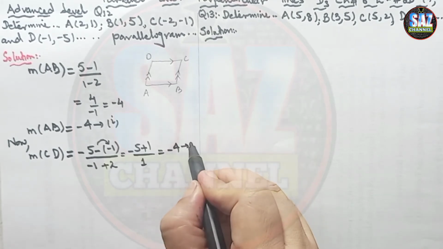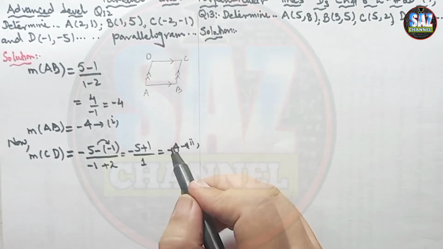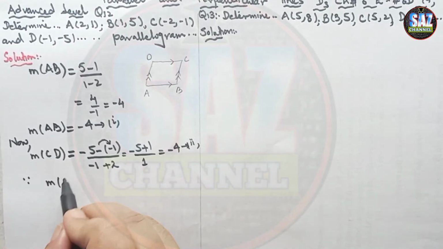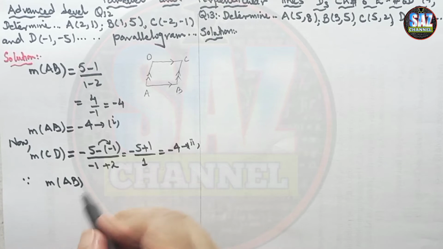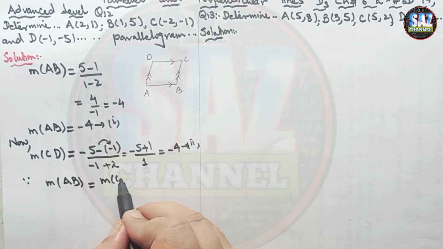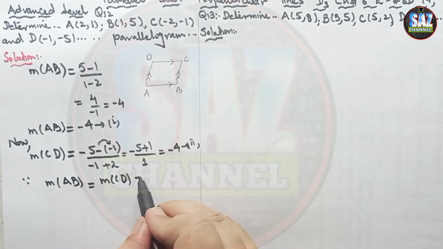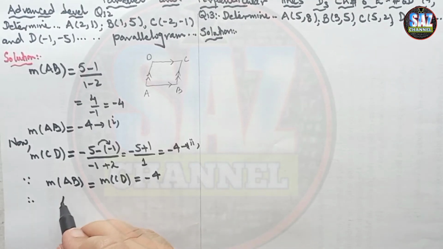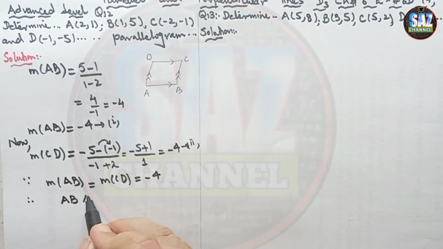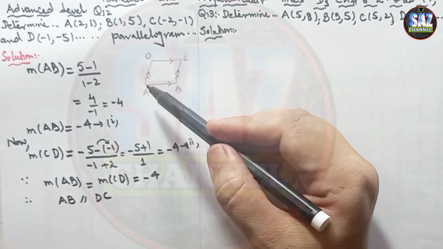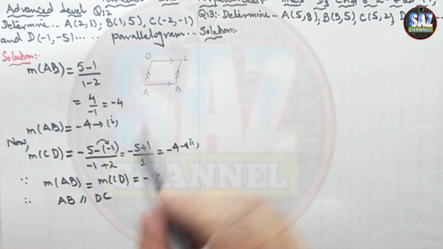Let's mark it with 2 because gradient AB equals gradient CD, or gradient DC, which is equal to minus 4. Therefore AB is parallel to CD. Now these two sides are parallel. Now we have to prove whether AD is parallel to BC or not.